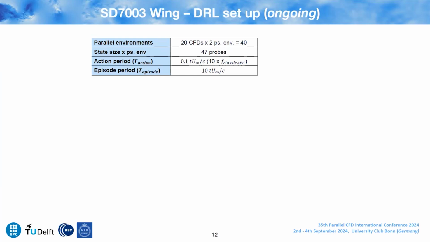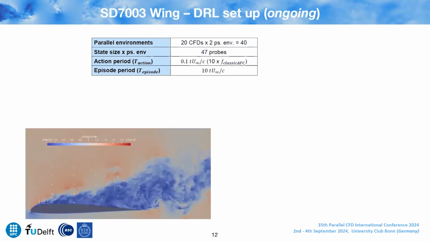model. But just for you to know, we are running 20 CFD simulations in parallel, each one containing 2 pseudo environments. So we are collecting the information from 40 environments in parallel to train the agent. As stated, we are using these sensors.